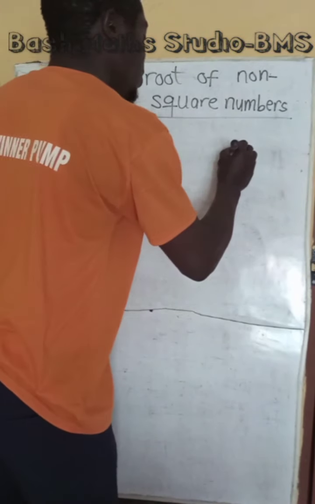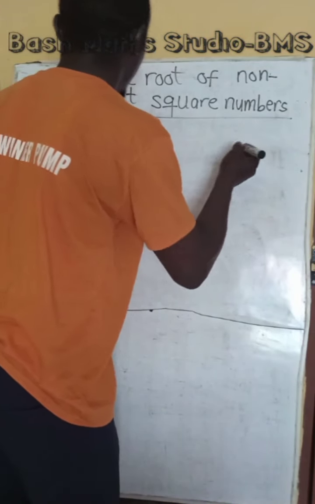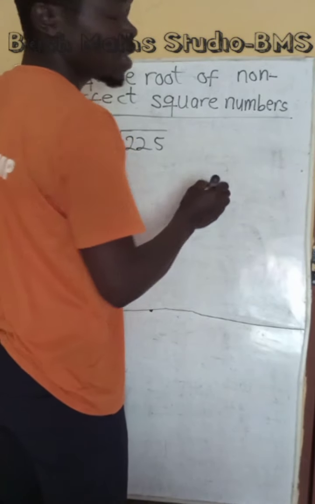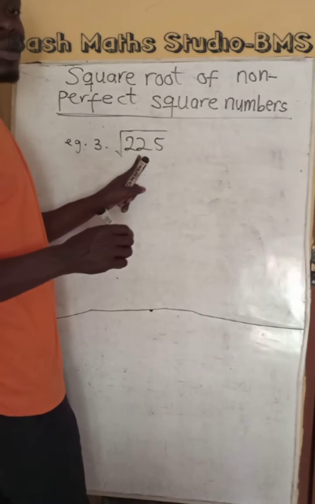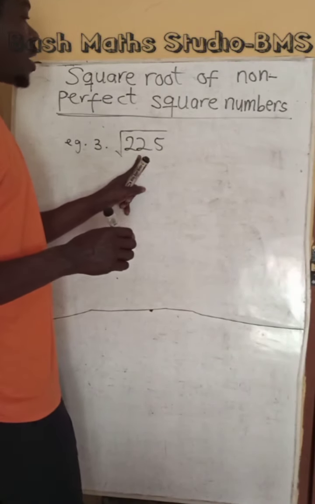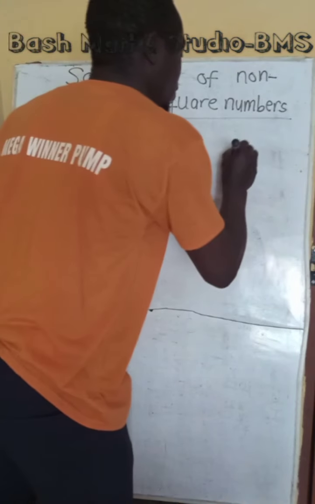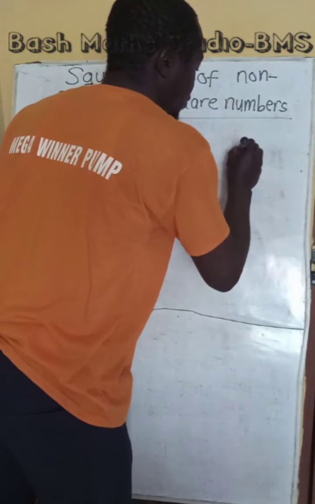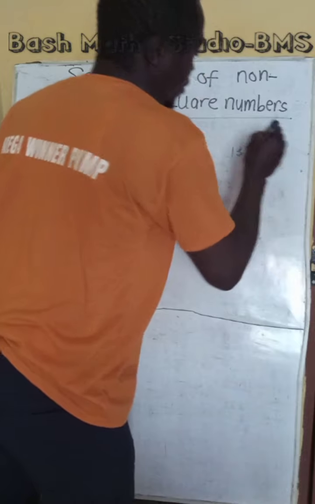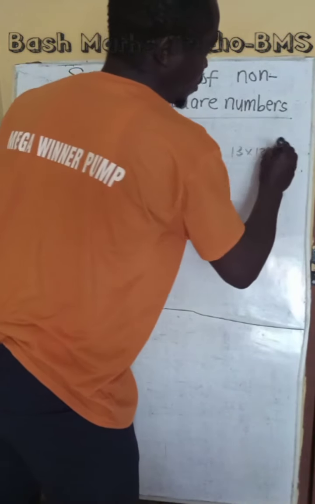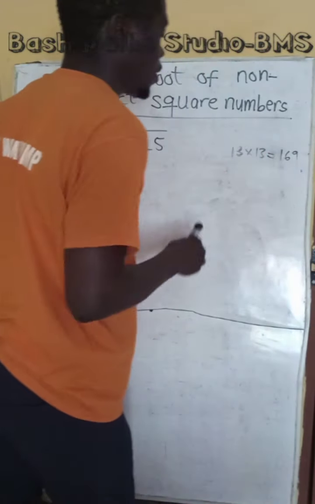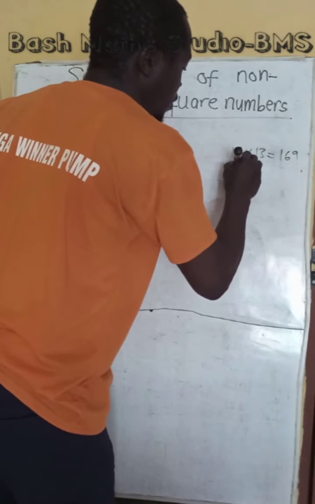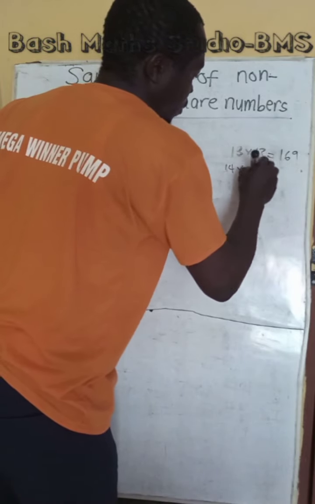So with this, you may pick from maybe 13 going, because you know 13 times 13 will give you 169, which is far less than this. So you can start from there. 13 by 13, you get 169, and then 14 by 14.